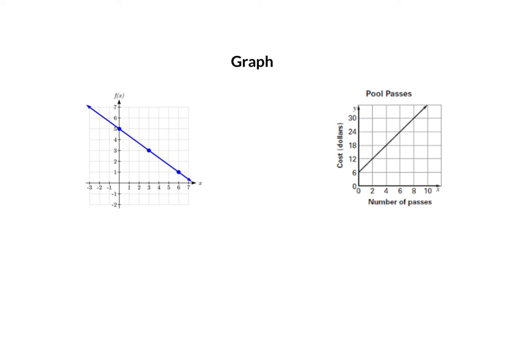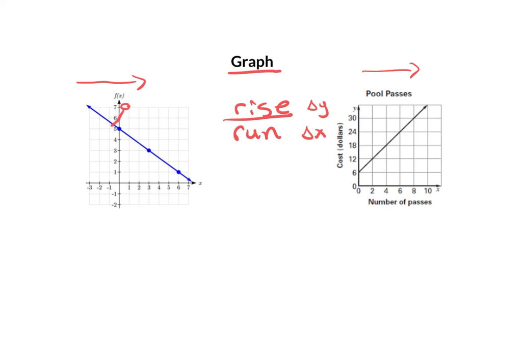Okay, last section, rate of change of a graph. And this is where we like to always say rise over run. Change in y, change in x. Now, when we're reading graphs, it's really important that we read them left to right. So this line, if someone was walking this line from left to right, they're going downhill.